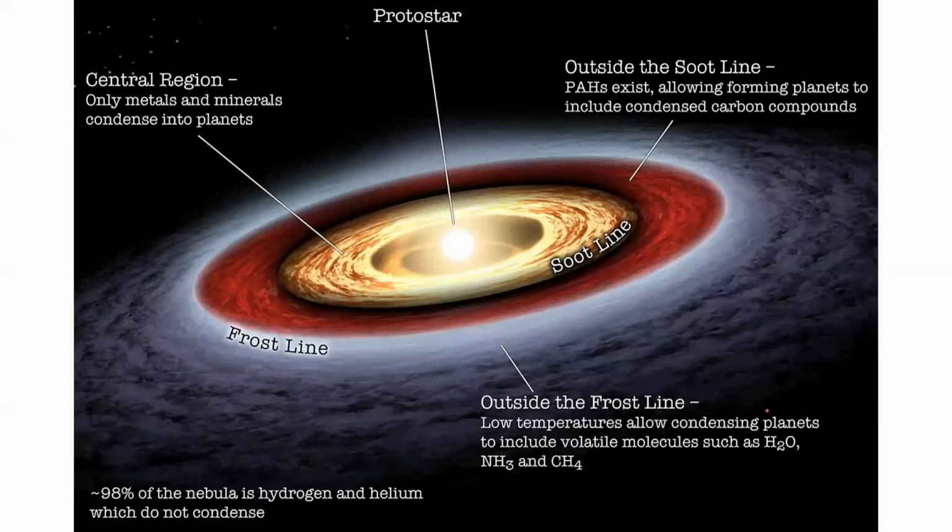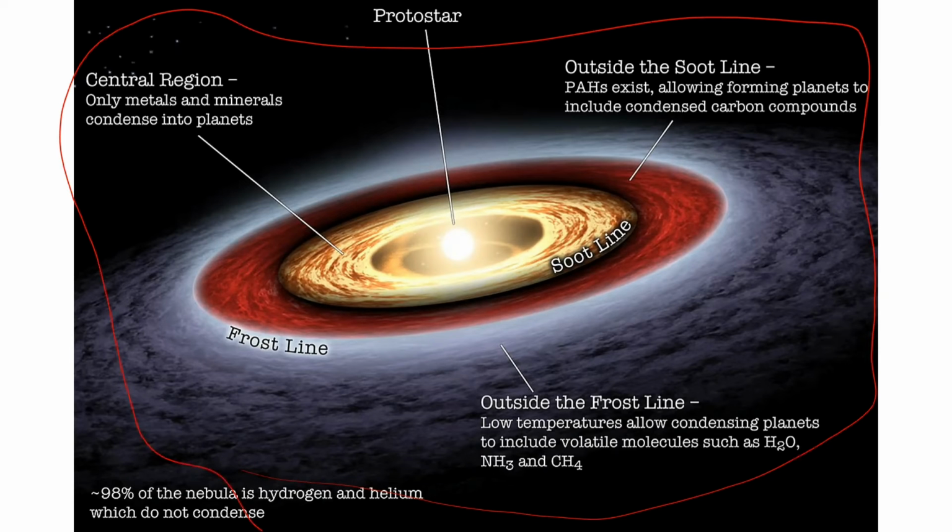Okay, so we can see from this picture, this we can consider as a whole gas cloud. There is a protostar at the center of the gas cloud, and there are some lines shown here: the soot line and the frost line.